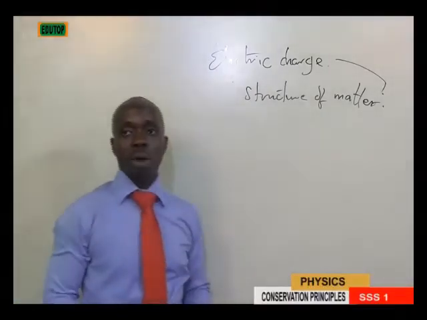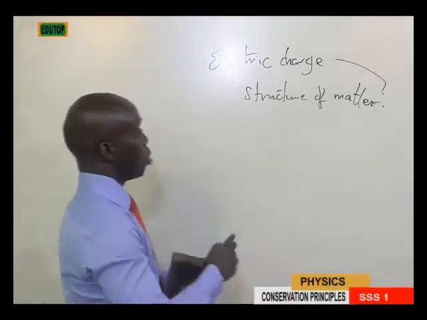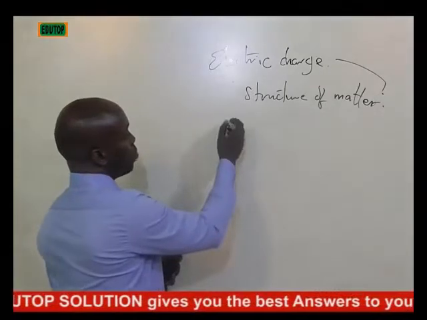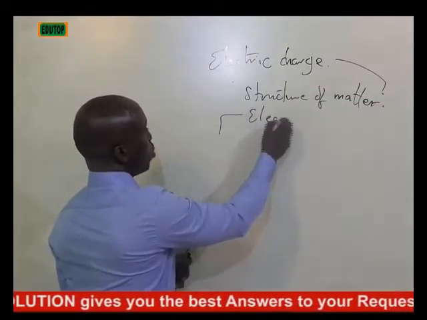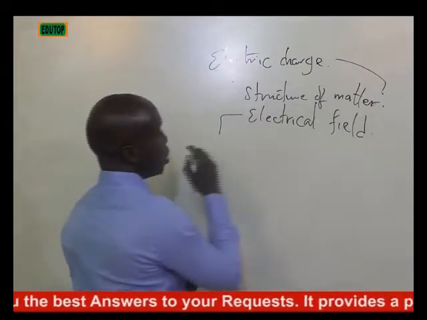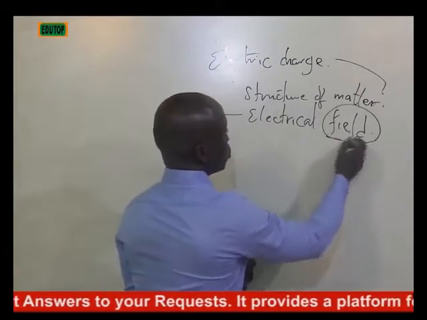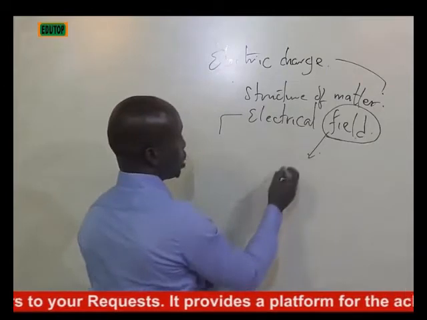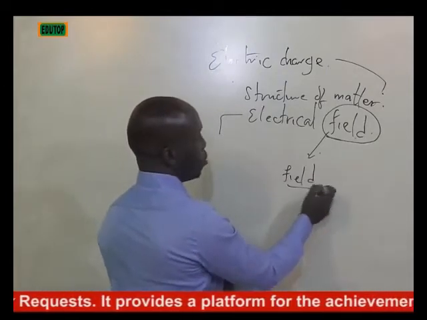Before we proceed, I'd like us to bring back our idea of what we call the electrical field. If you recall, the last time we spoke, I broke down the actual meaning of field.